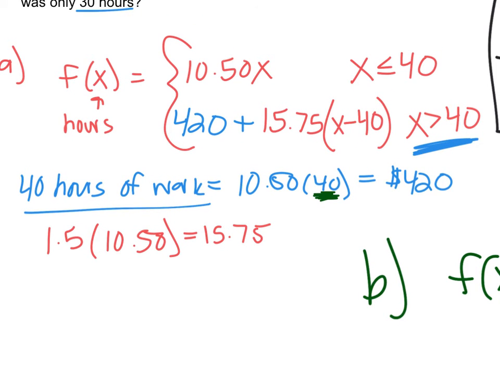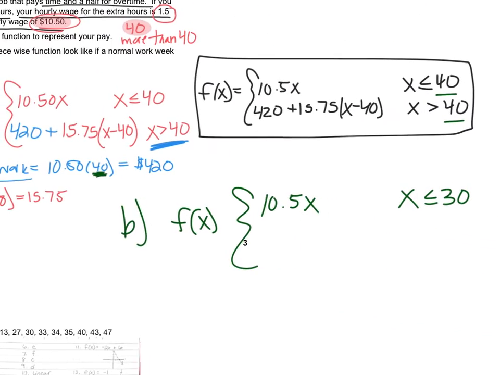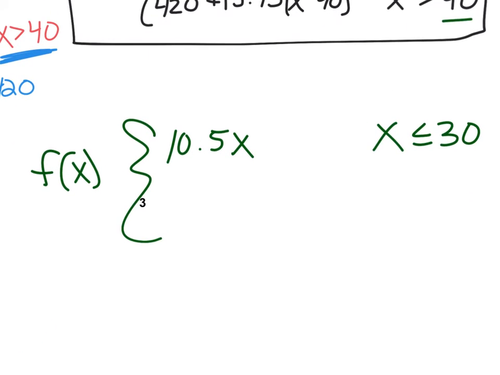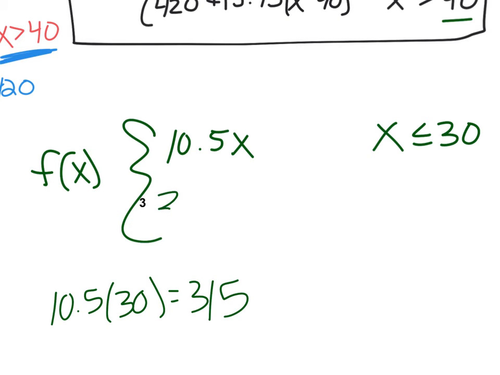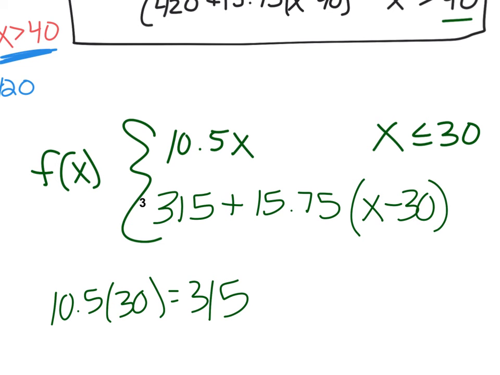So for our new function, we need to figure out how much we would make for working 30 hours. So if we take 10.5 times 30, that gives us $315. So this time we're going to make $315 plus time and a half, so that will still be $15.75. And then this time we're working more than 30, so x minus 30.